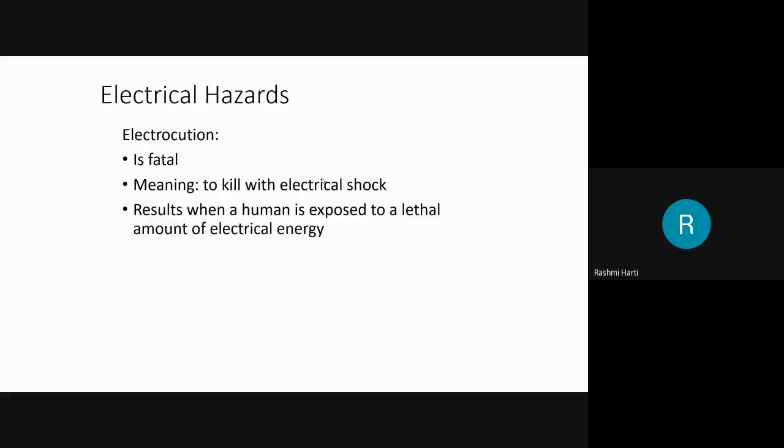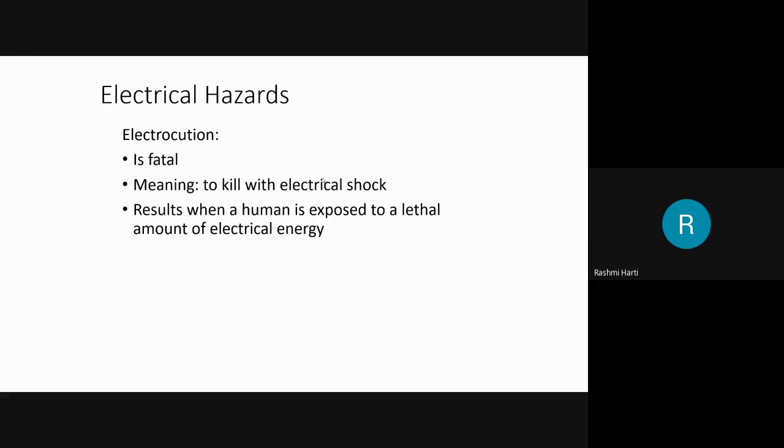Apart from that, the next electrical hazard is electrocution. Electrocution is obviously very fatal. It can kill a person with that particular electrical shock. It results when a human is exposed to a lethal amount of electrical energy.